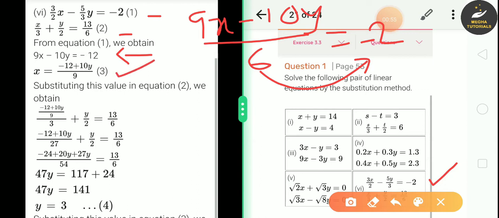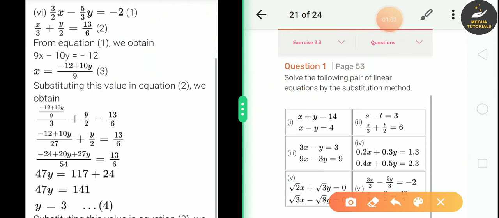Then substitute this value in equation 2. So x is minus 12 plus 10y upon 9 upon 3 plus y upon 2 is equal to 13 upon 6. This 9 can multiply with the denominator 3. So in the next step we can get minus 12 plus 10y upon 27 plus y upon 2 is equal to 13 upon 6. In LHS part, LCM of 27 and 2 is 54.